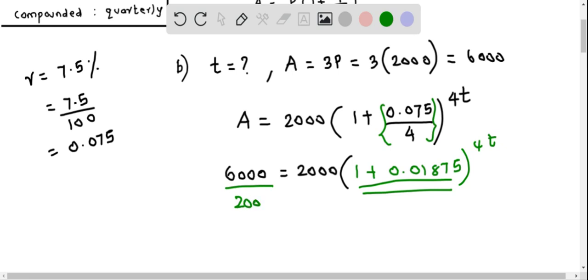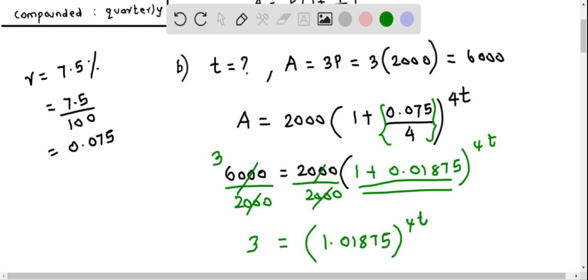So on this side I get 6000 divided by 2000 is 3, and so we get 3 equals 1 plus 0.01875, which is 1.01875, raised to the power of 4t.